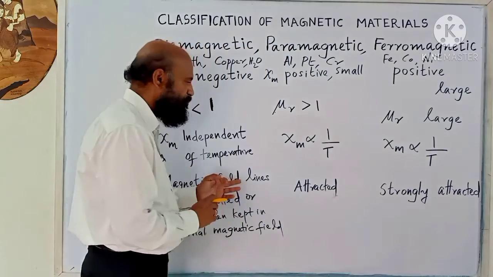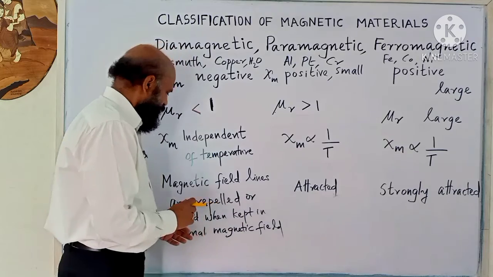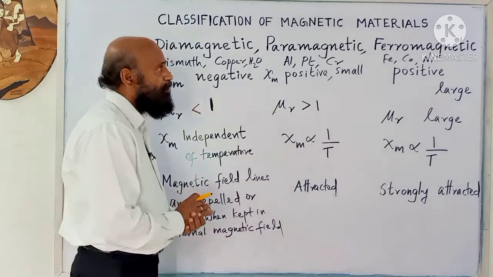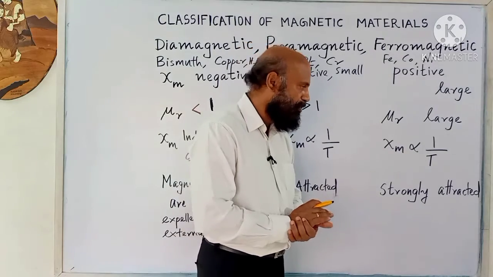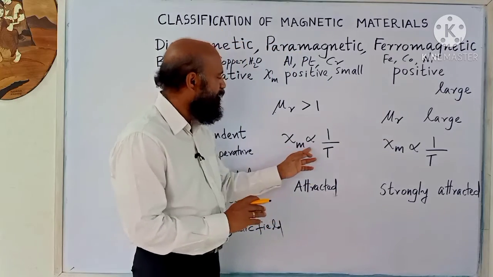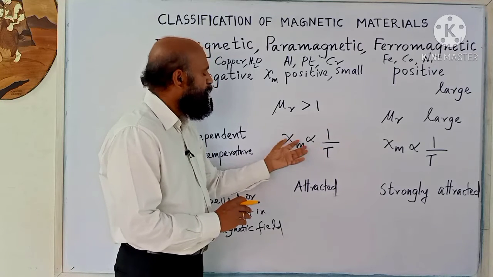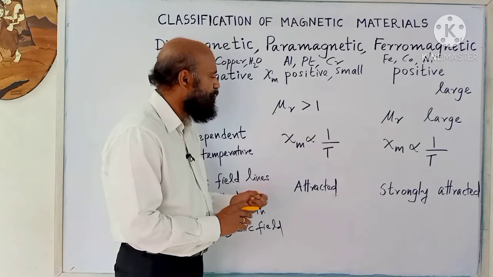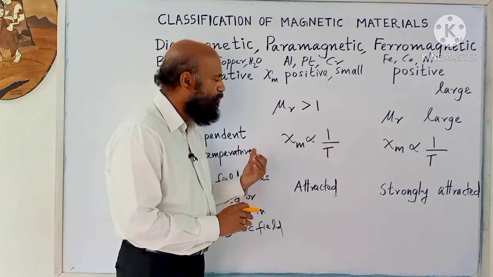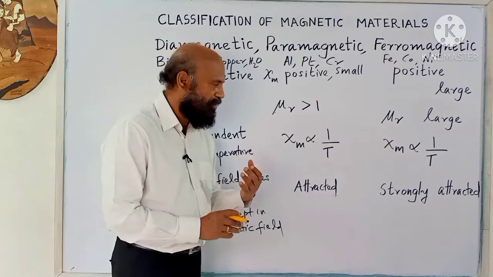Magnetic field lines are strongly attracted when ferromagnetic materials are kept in an external magnetic field. Here you can see as the temperature increases, susceptibility decreases. So there is a law known as Curie's law that let us see next.